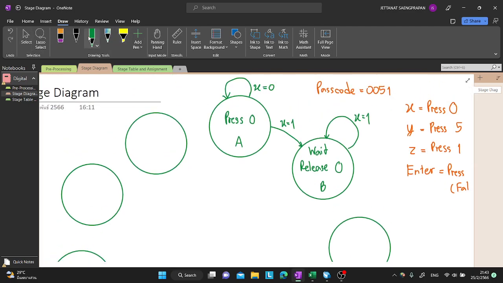If I mess up and accidentally press any false number, it goes back to state A again.